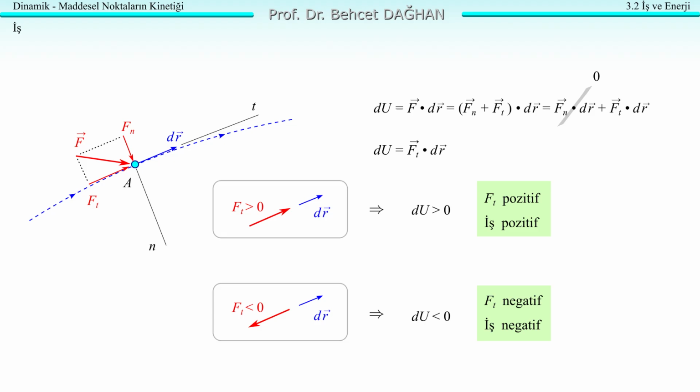But if Ft is negative, that is, if it is in the opposite direction to the displacement, if these two vectors are in opposite directions, the angle between them is 180 degrees. Cosine 180 degrees is equal to -1. Therefore, the work done by F is negative. If Ft is positive, the work is positive. If Ft is negative, the work is negative. We don't look at anything else.